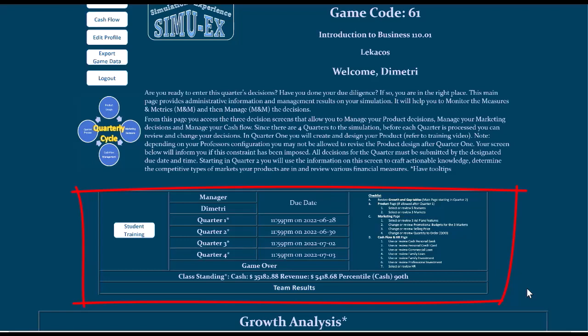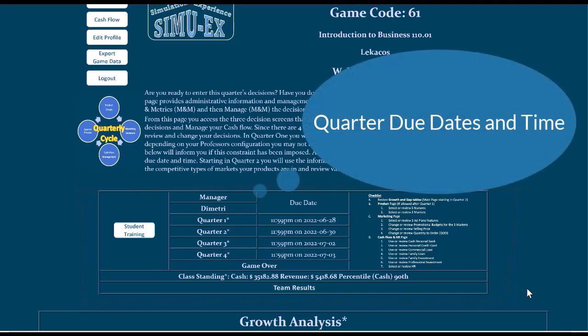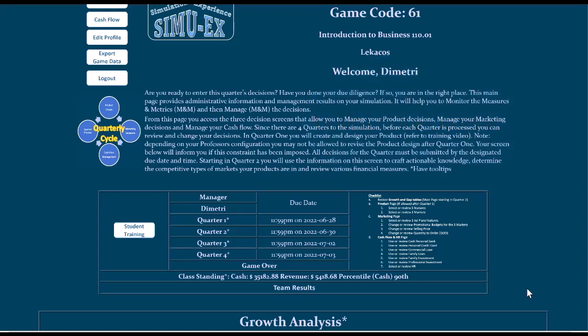In our case, these milestones are quarterly, and they represent decisions that need to be made by that specific date and time. So the first aspect of managing is for you to understand the due dates in your simulation and when you need to complete the decisions for that particular quarter.